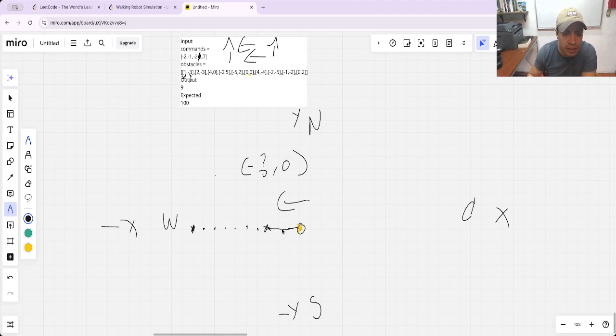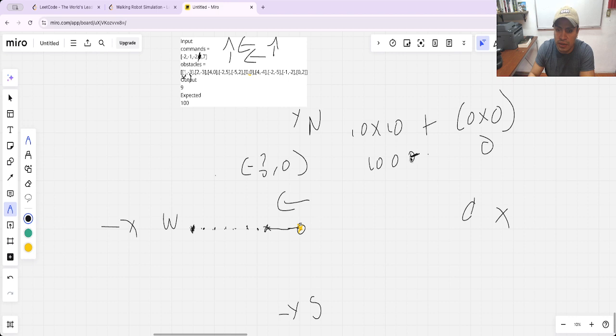Don't find any obstacle here, which means we reach this position: 1, 2, 3, 4, 5, 6, 7, 8, 9, 10, and is 10 multiplied by 10 plus 0 multiplied by 0. This is 0. This is 100. Oh my gosh. 100 plus 0 is equal to 100.